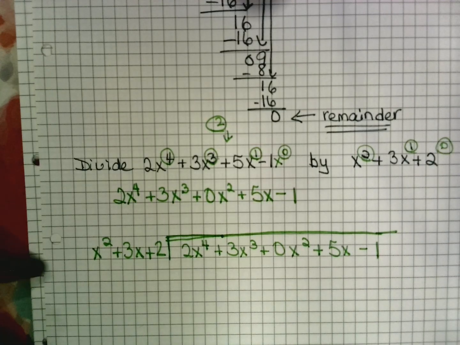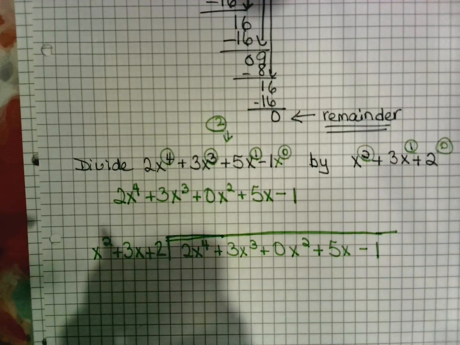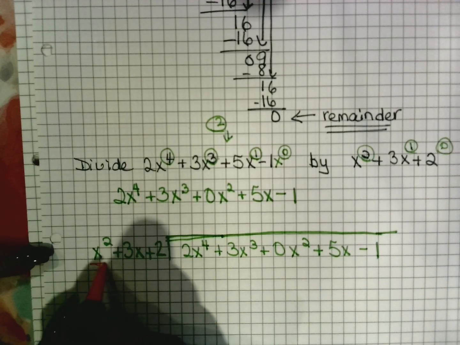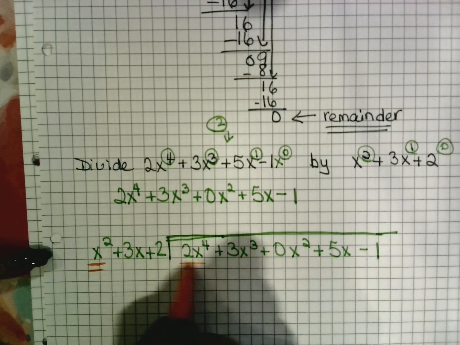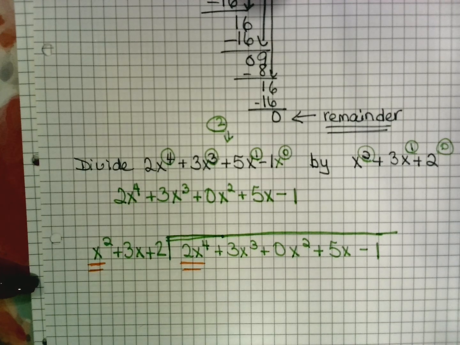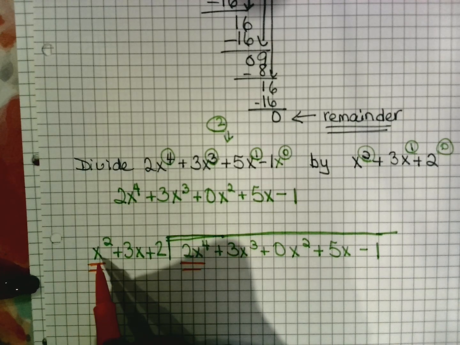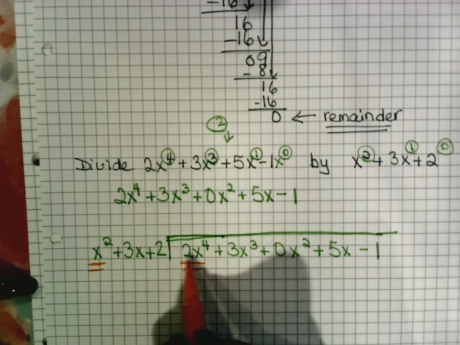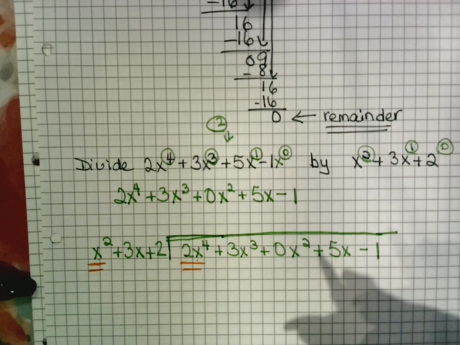All right, we're ready to go ahead and start now. In order to divide this, you're going to look at the first term of this polynomial and the first term of that polynomial. And you're going to say to yourself, what do I multiply x squared by in order to get 2x to the 4th?